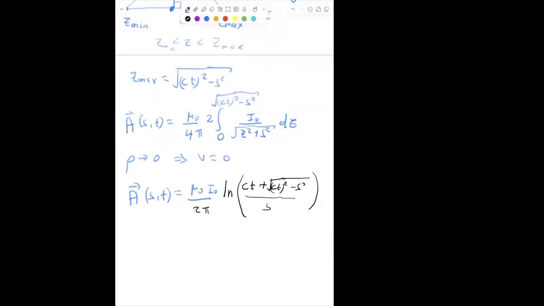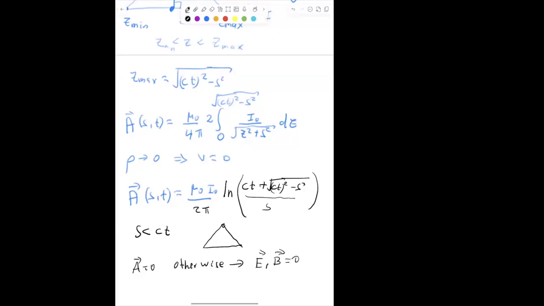This is correct, but not always correct. This is correct under the conditions of the light cone. And the light cone means that S has to be smaller than CT. Again, this was the light cone. What happens if this is not valid? Then it's very simple: A is equal to 0 otherwise. And this means that E and B are equal to 0 otherwise.